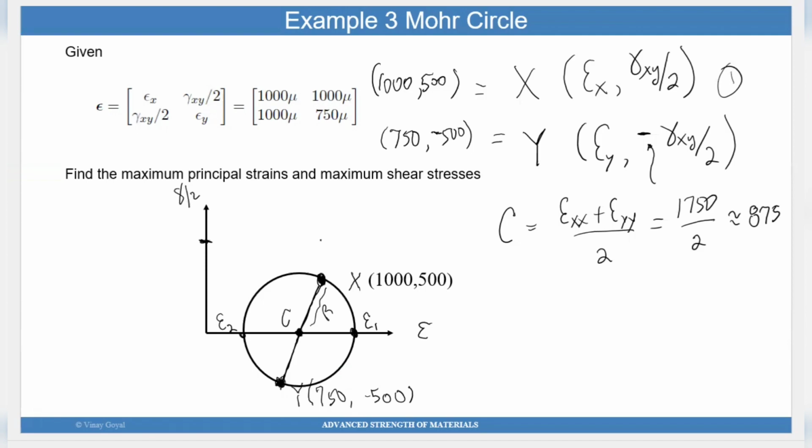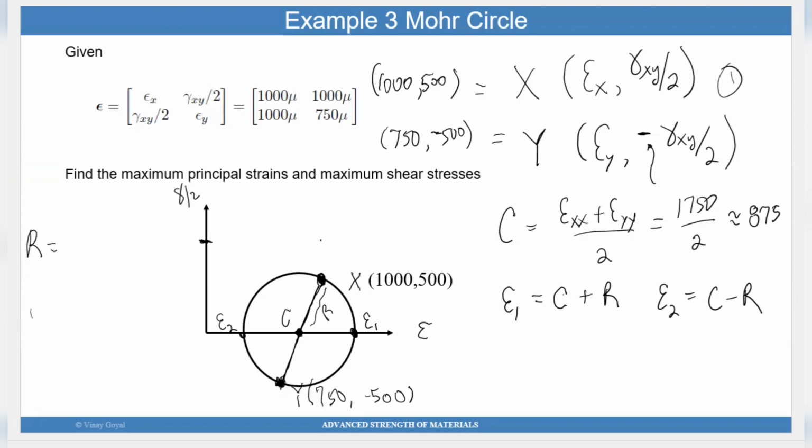You can notice here that the max principal strain is epsilon 1, the center plus R, and the minimum strain is going to be C minus R.